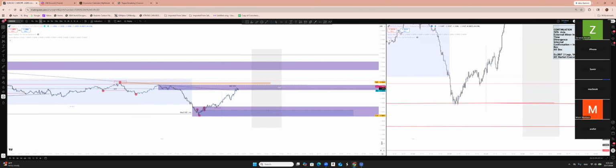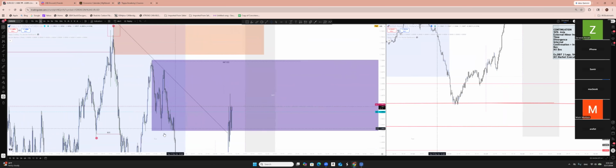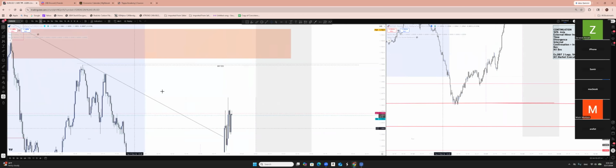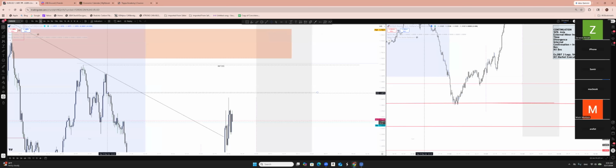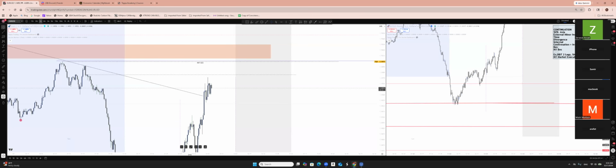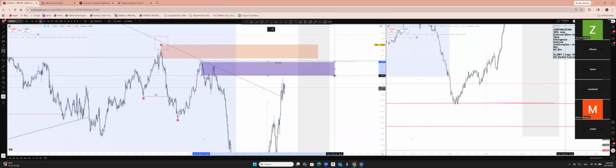Just going to watch price. See these two pumpkins right here, these two right next to each other? Like I always tell you, that's going to get swept 100%. That line right there, this whole zone is a trap for me.